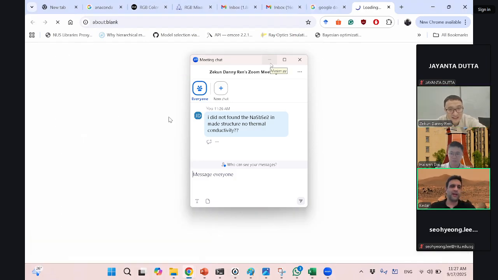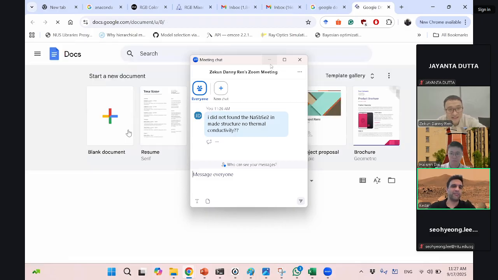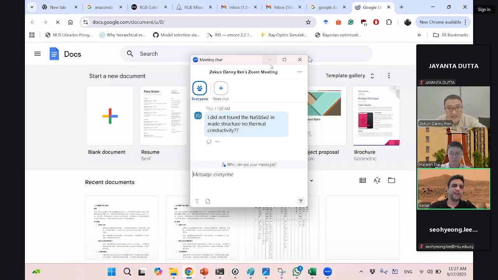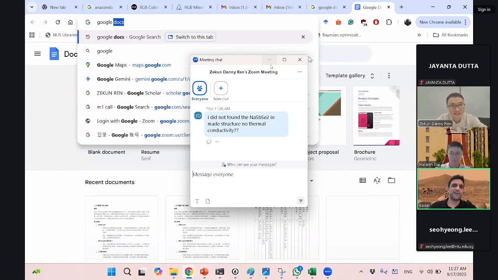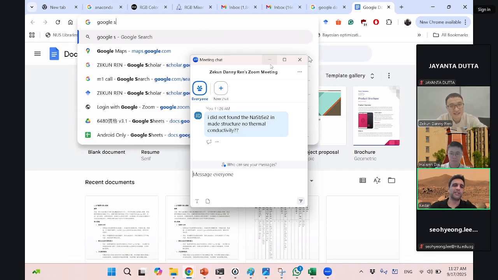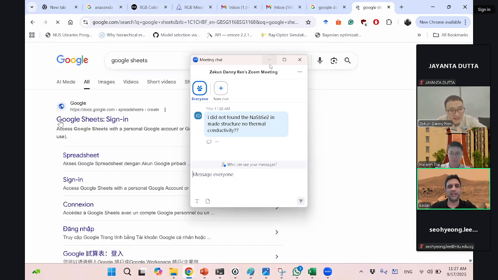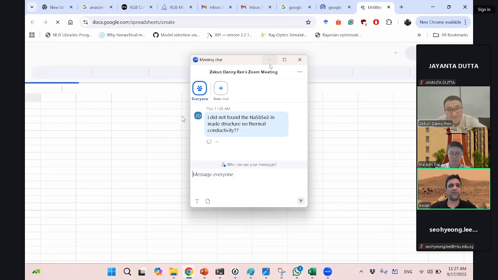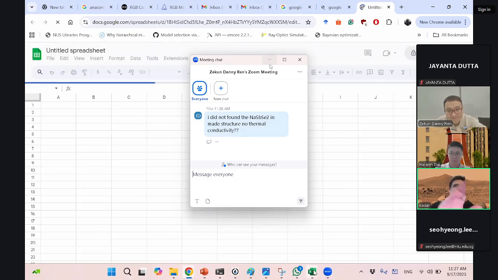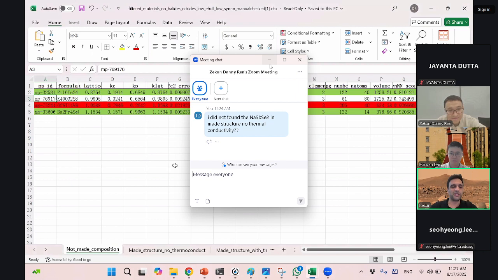Anyway, I think Danny, the classification of made or not made doesn't matter, right? Because you don't need 2 tabs. Some of these are marked as made in ICSD, but from literature search, many of the green ones are already made. Just make a single sheet, we don't need to separate it into 2 sheets.